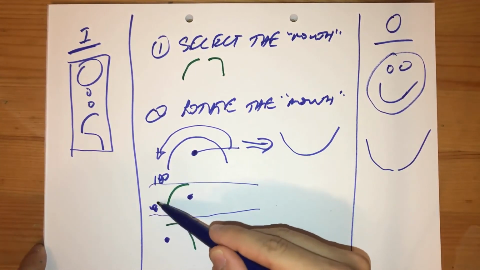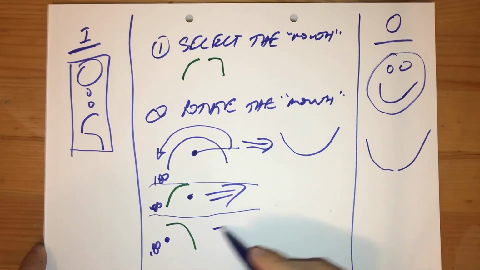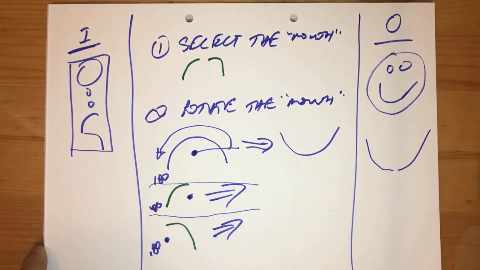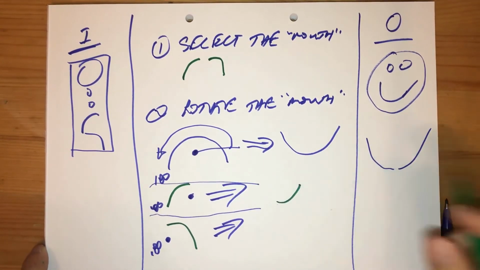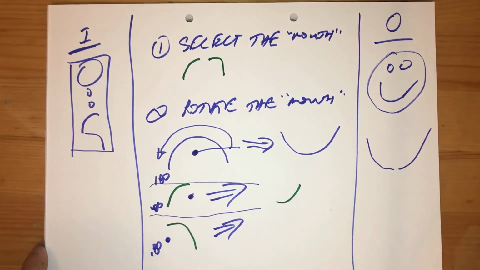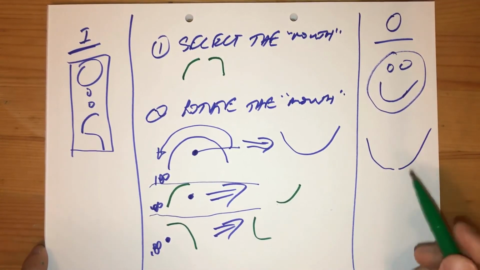Again, 180, 180. Let's see here. Logically, would that work? So if you did 180 over here, you flipped it around, what would that mean? You'd have one here. If you took this guy and you flipped him around 180, you'd end up with this. Yeah, so together that could work.